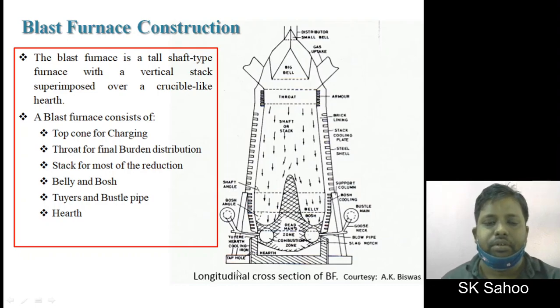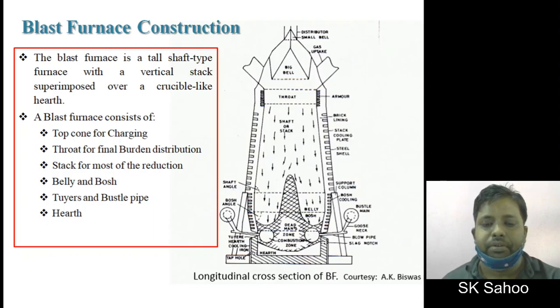So now we will discuss blast furnace construction, or the various parts of a blast furnace. Here is a nice picture of a blast furnace taken from A.K. Biswas's book. Let's discuss the different parts of the blast furnace.